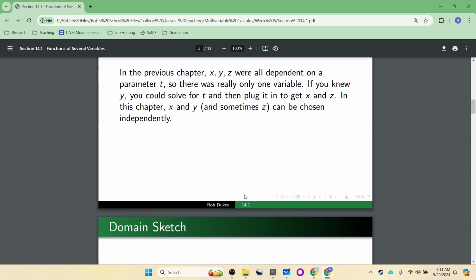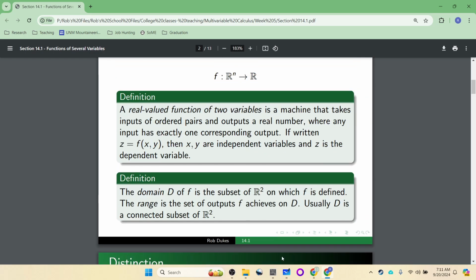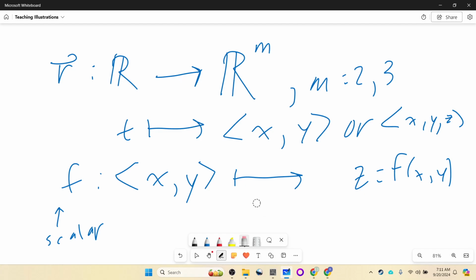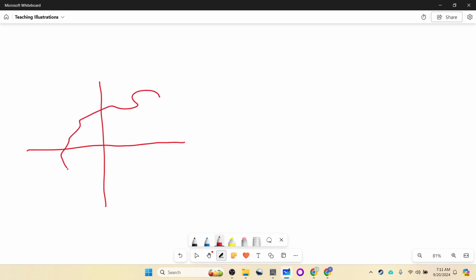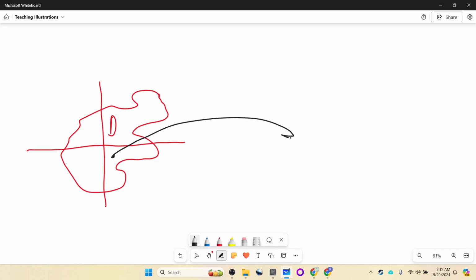So let's get a visual on what that would look like. In 2 dimensions, we would have some blob in space, and we'll call this D. We're saying every point you pick in D would map somewhere on the real line.